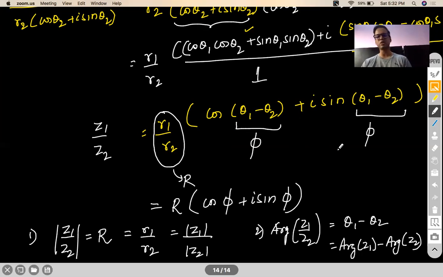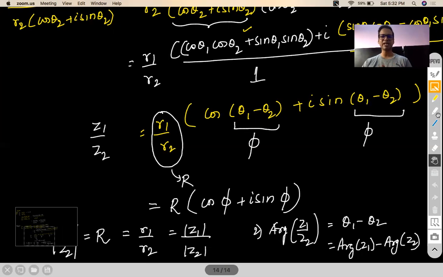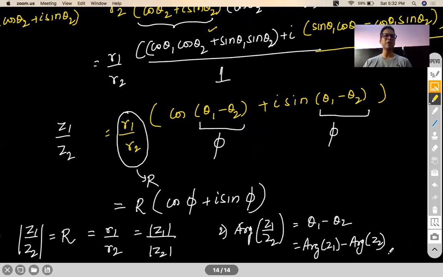Yes, it is very much like the log properties. And please note that if they ask you for the principal argument, don't forget to adjust this answer between minus pi and pi, minus pi exclusive. Okay. So thanks to this polar form, now we'll be able to figure out on the Argand plane where Z1 by Z2 lies.